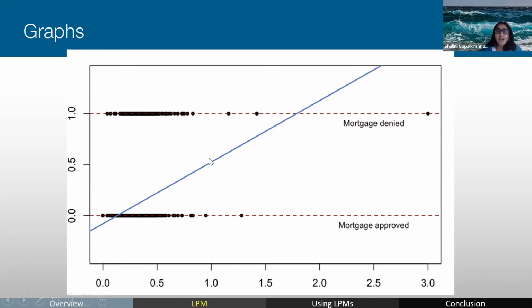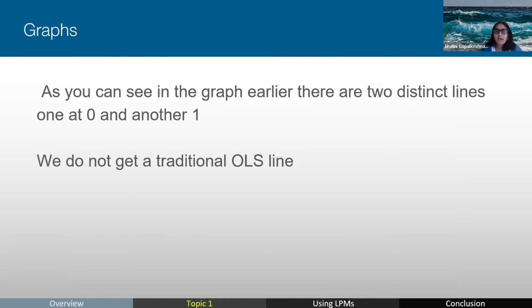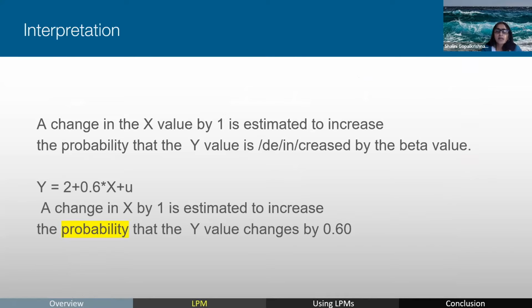Now, when you're actually creating a line, your regression line may probably look like this blue line, but that makes absolutely no sense, because remember, we're talking probabilities. How can a probability be more than 1 or less than 0? So therefore, this traditional OLS, ordinary least squares, will just not work at all.